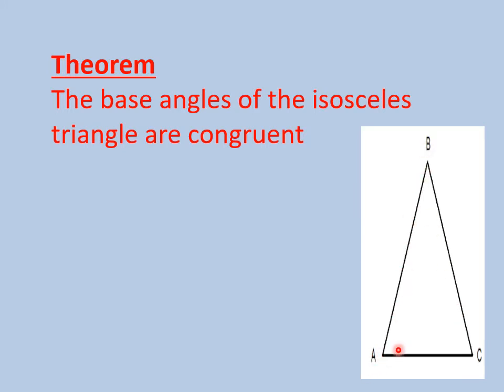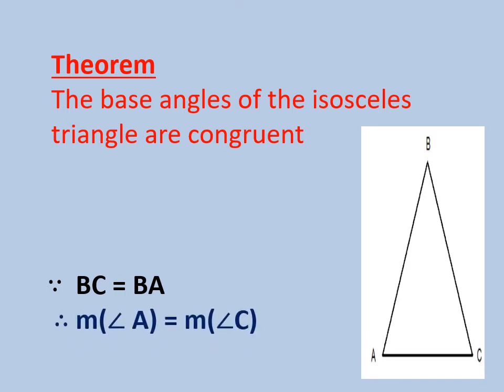So the base angles are A and C. The theorem tells us that the two angles A and C are congruent, which means they are equal in measure. We write since BC equals BA, then measure angle A equals measure angle C.